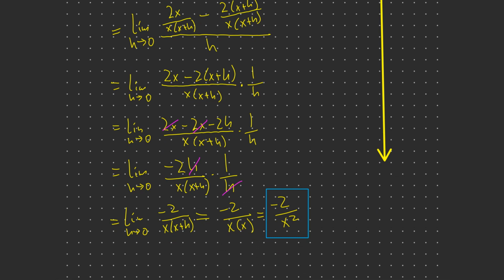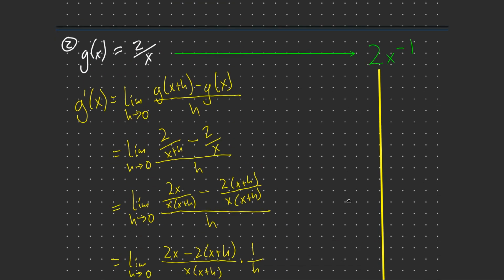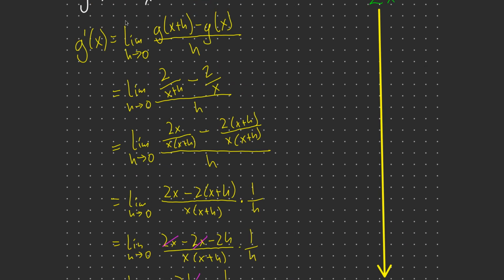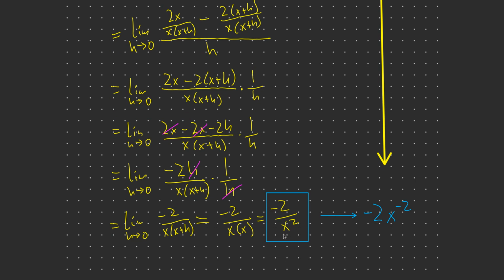But if I do the same trick that I did above, then I could rewrite this as, let's say, negative 2 times x to the negative 2, right? And so relating the original problem stated this way and stated this way, you might notice some patterns. And eventually, when we learn about the power rule, you're going to be able to formalize exactly what that pattern is. But for now, if you just get the work that I did here in yellow and you get this final answer, that's kind of what we're hoping for.